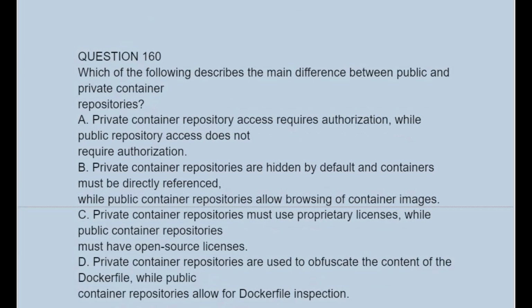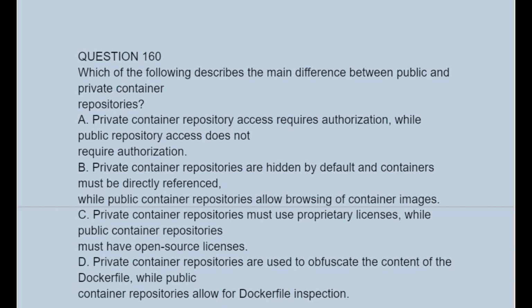Question is, which of the following describes the main difference between public and private container repositories? Option A. Private container repository access requires authorizations, while public repository access does not require authorization. Option B. Private container repositories are hidden by default and containers must be directly referenced, while public container repositories allow browsing of container images.